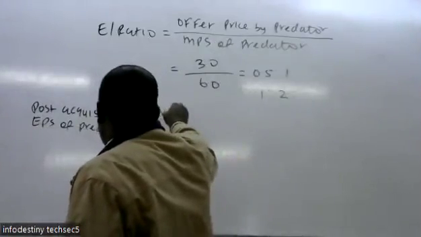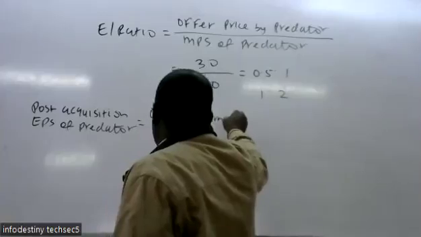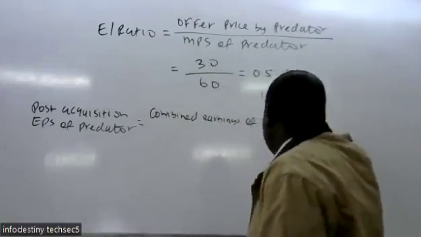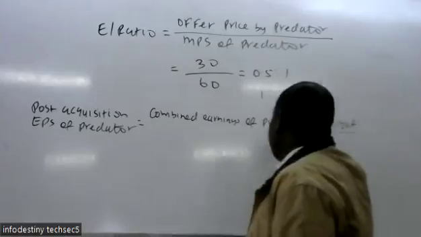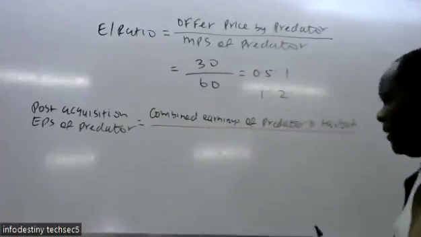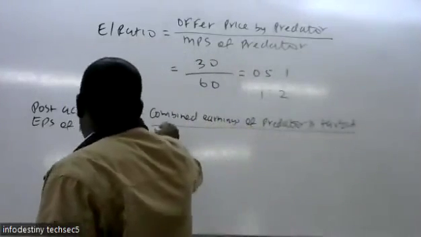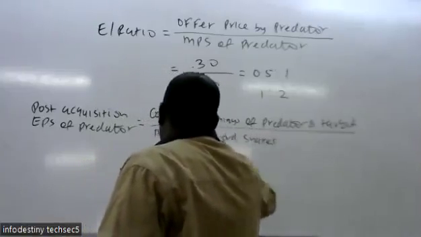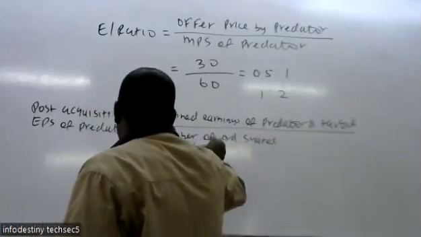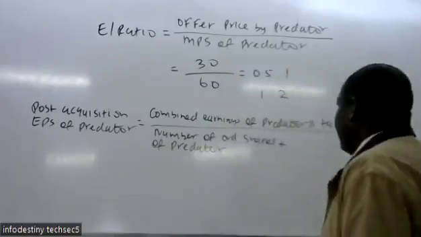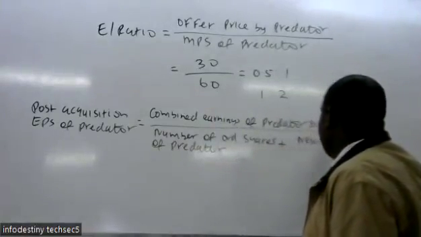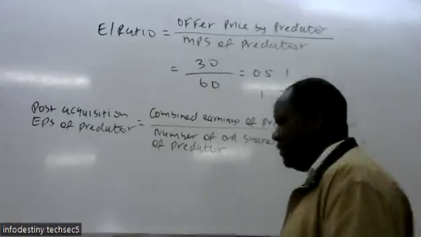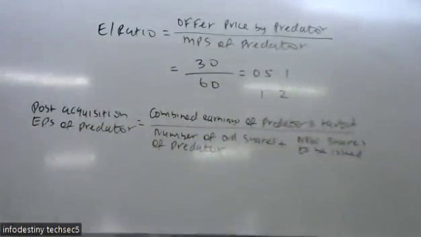Remember, it was the combined earnings of the predator and the target, divided by the number of the ordinary shares of the predator, plus the new shares to be issued.